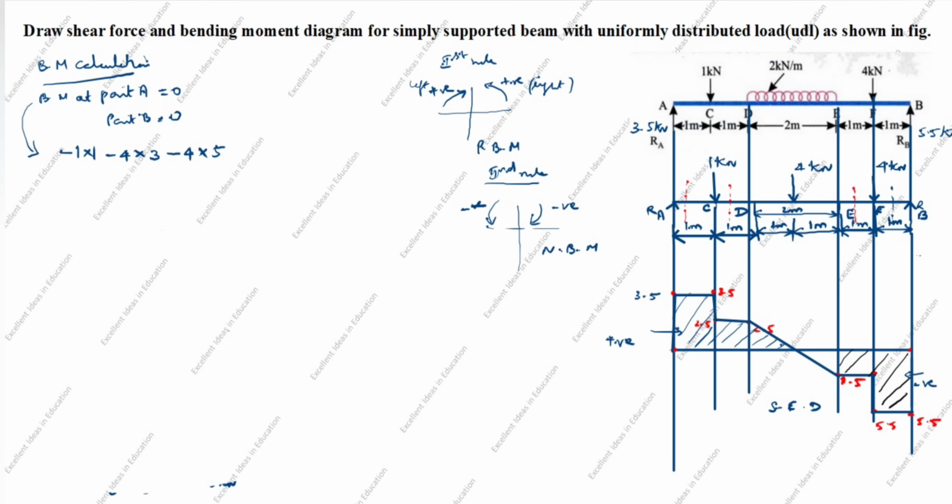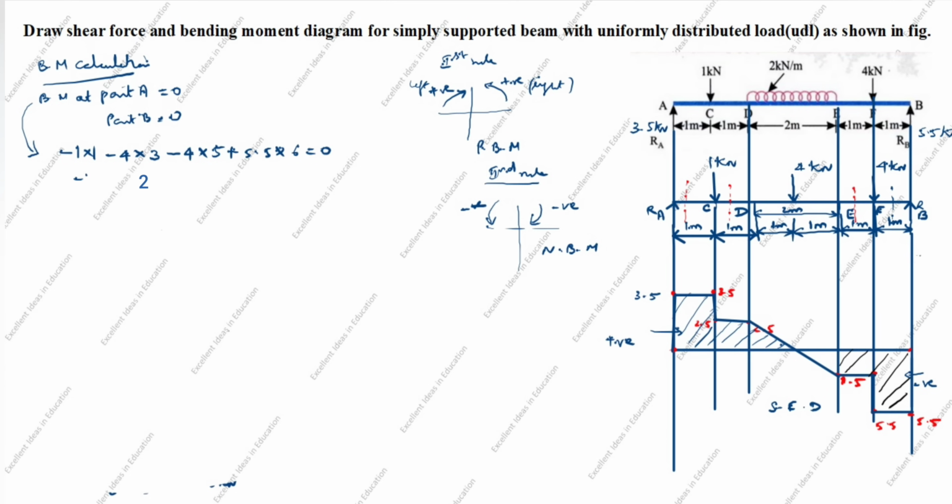Next, you see this arrow goes up, from here to here. Anti-clockwise is positive for the right side, so plus 5.5 into the perpendicular distance from here to here, which is 6. Equal to 0. Minus 1 into 1 is minus 1.